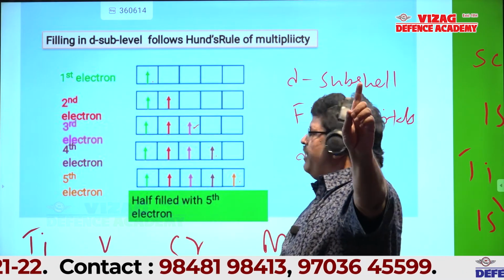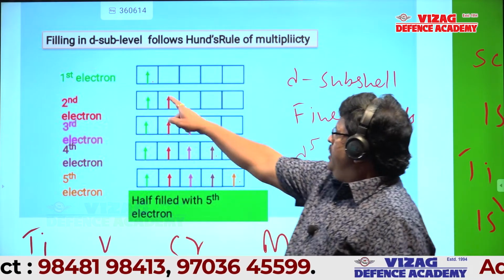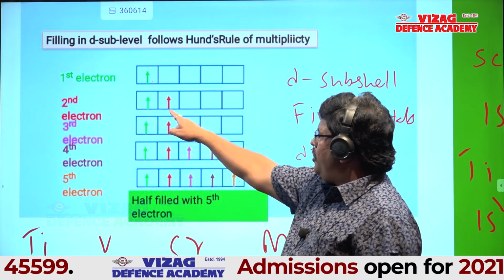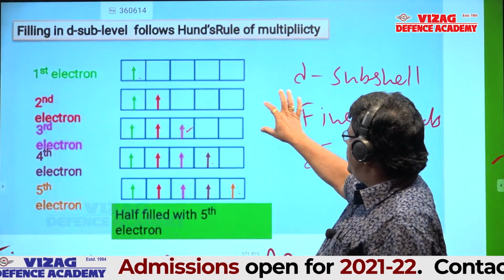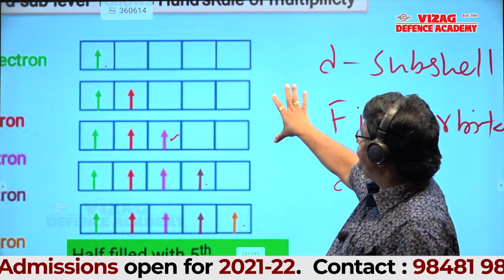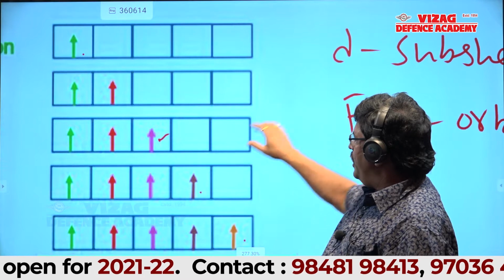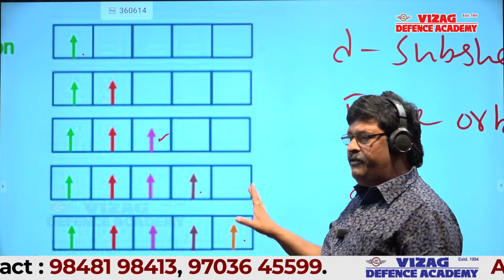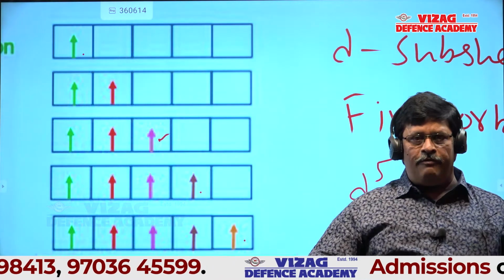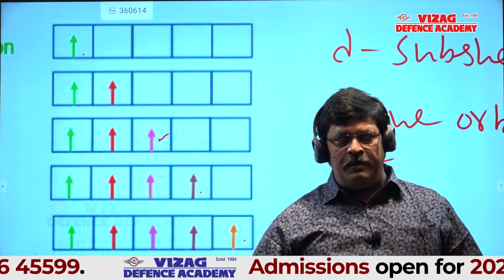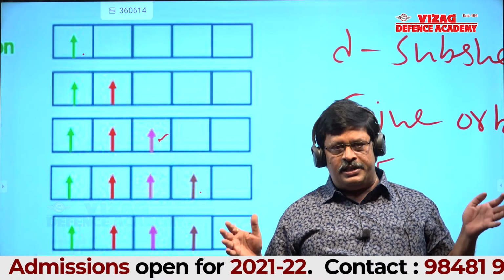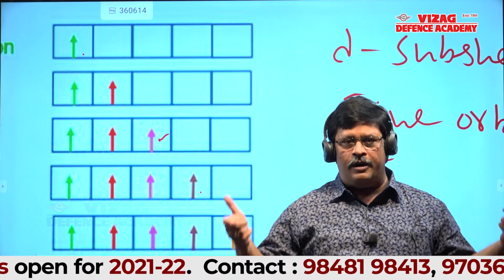Suppose there is only one electron in the d subshell, that goes into any one of the d orbitals. The next electron goes into the second orbital, the third electron in the third orbital, the fourth in the 4th, the fifth in the 5th d orbital. This is half filled. So pairing takes place in the d subshell from the sixth electron onwards only.